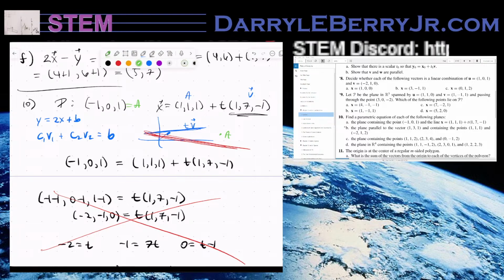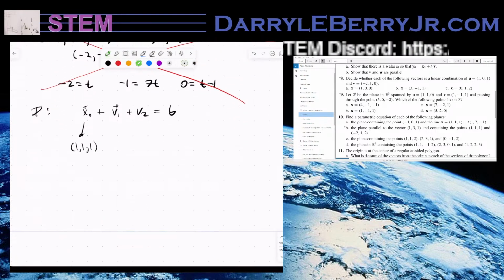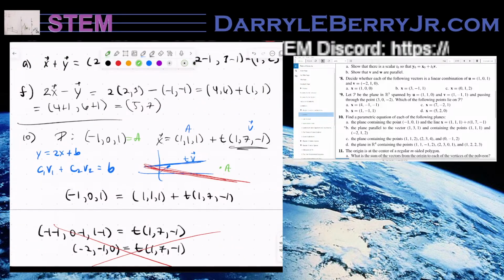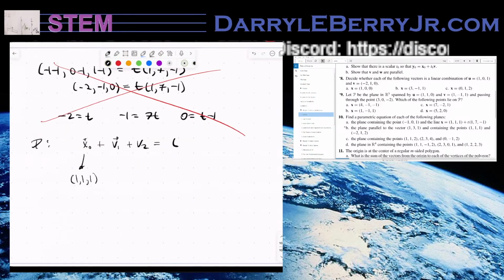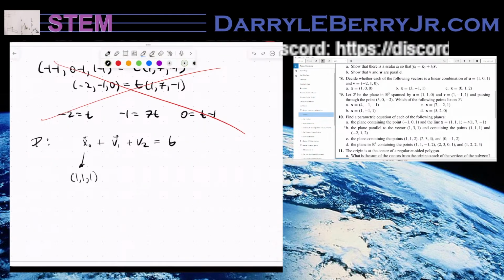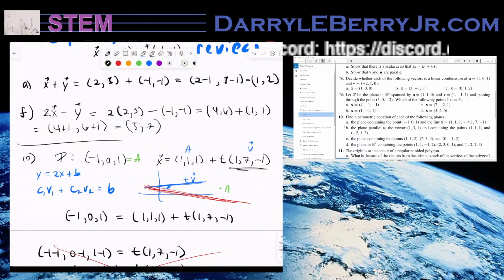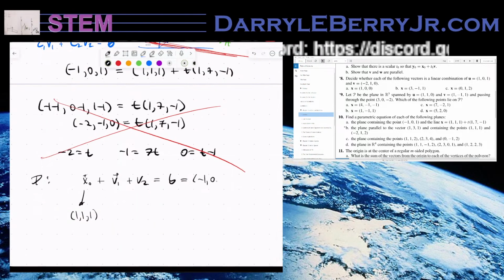So technically, we can say that, at least we would have to say that if this point is included, V can equal the point -1, 0, 1.